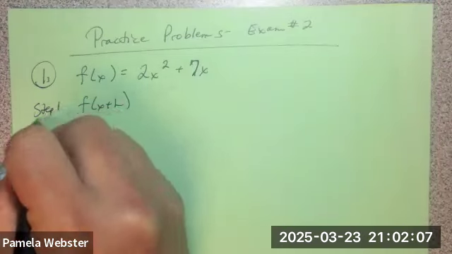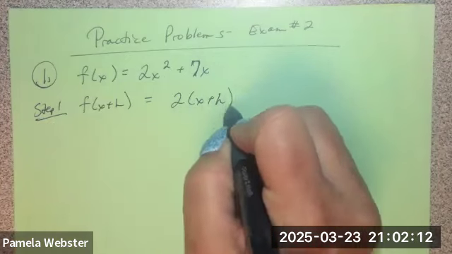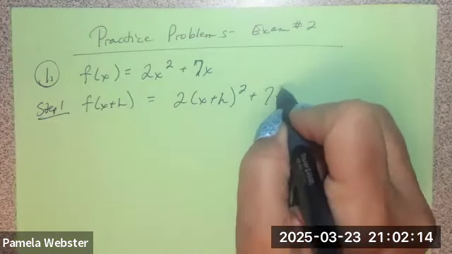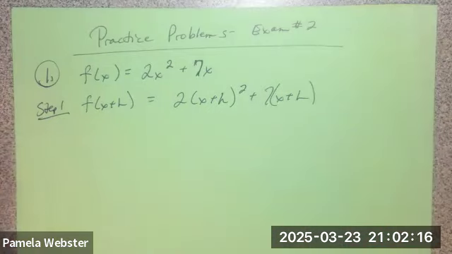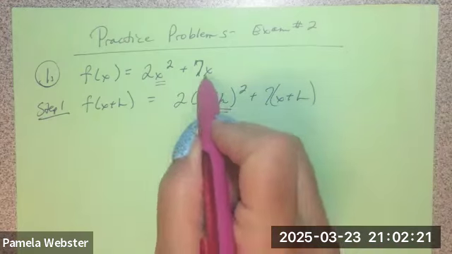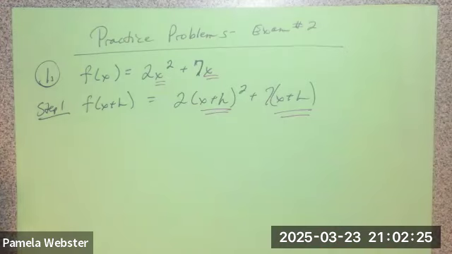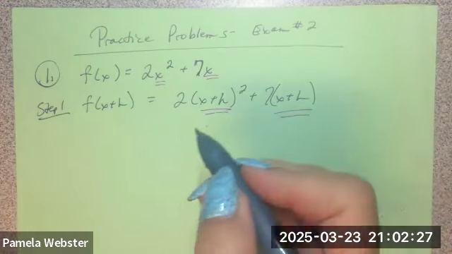Step one is find f of x plus h. So we're going to plug in x plus h everywhere up there that we see an x. So here's an x and here's an x. And hopefully you've taken some time to work out these types of problems and you're like, yeah, I'm good with this.